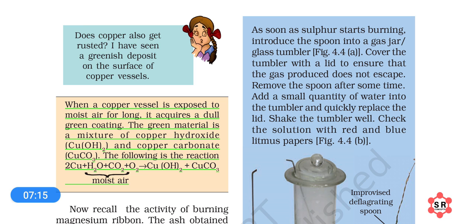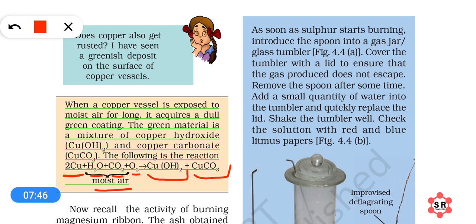The copper of the vessel reacts with water vapors, carbon dioxide and oxygen present in moist air and makes two compounds. One is copper hydroxide and the other is copper carbonate. The mixture of copper hydroxide and copper carbonate is dull green in color and makes a layer around copper.